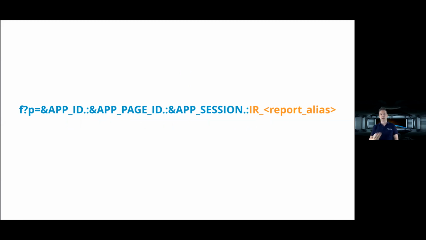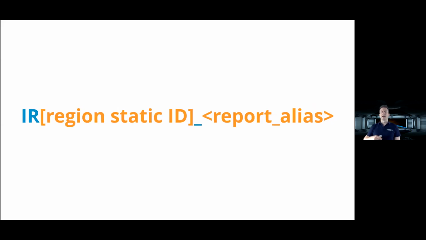You have an interactive report, and this report has different views. You have one master view or one primary view, and you have some saved views. You can link to a particular saved view. That's quite helpful. If, of course, you have more than one interactive report on a page, you also need to specify which report you're talking about.